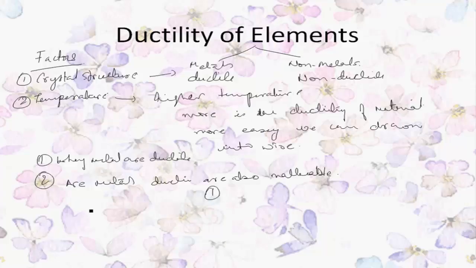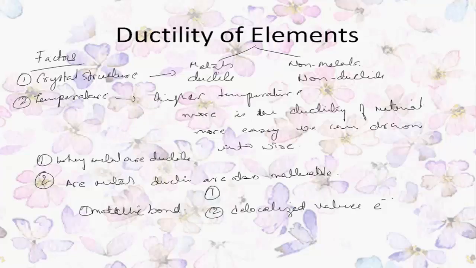So what happens is, first is the metallic bond and second is the delocalized valence electrons. These are the two basic reasons in metals which give the property of ductility to the substance.